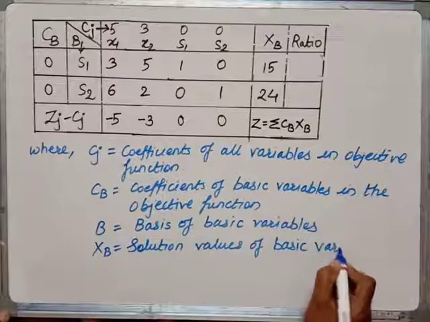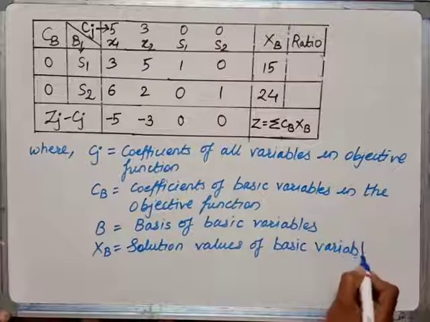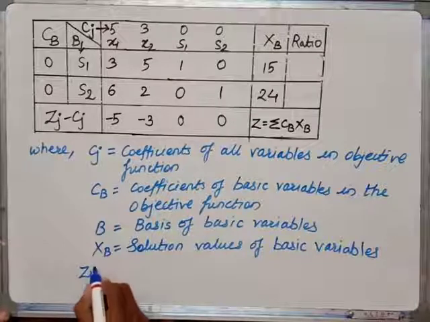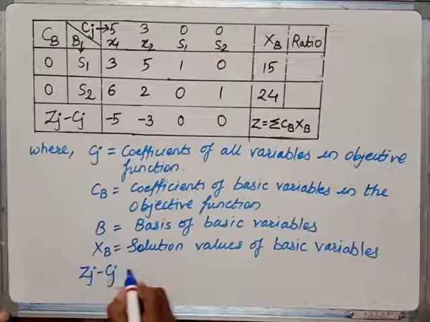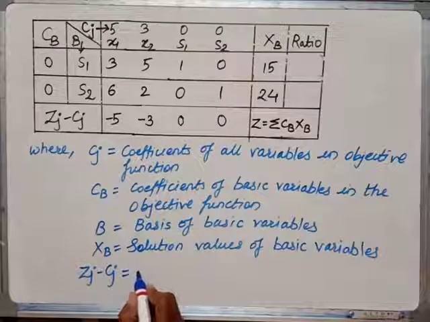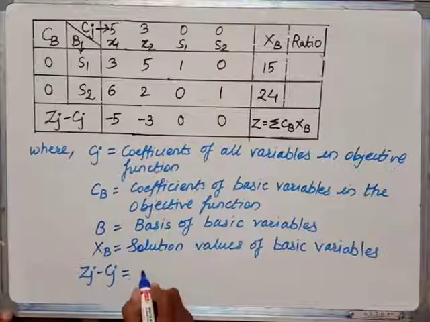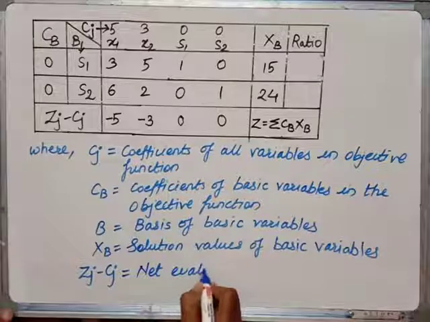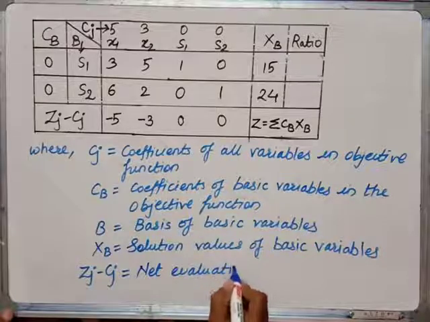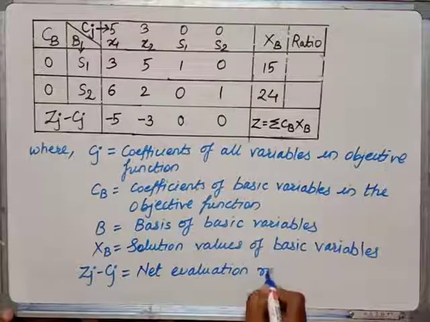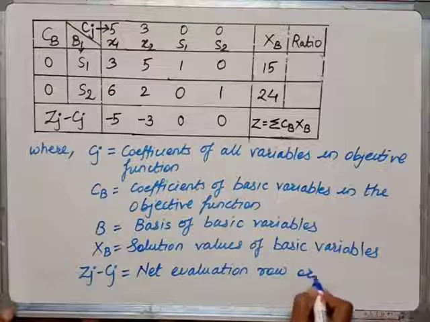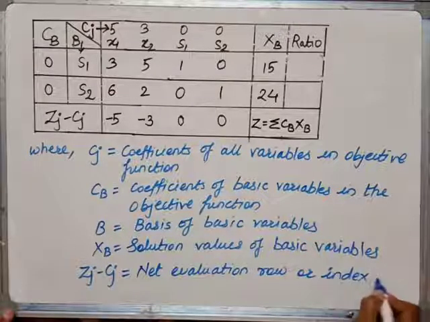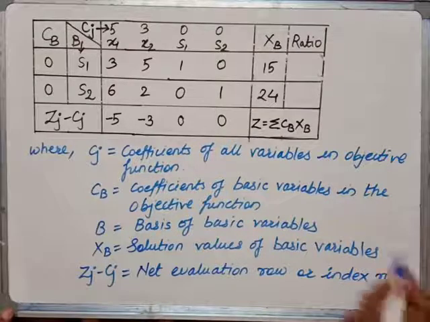Solution values of basic variables. And Zj minus Cj. What is Zj minus Cj? It is the net evaluation row, or it is also known as index row.